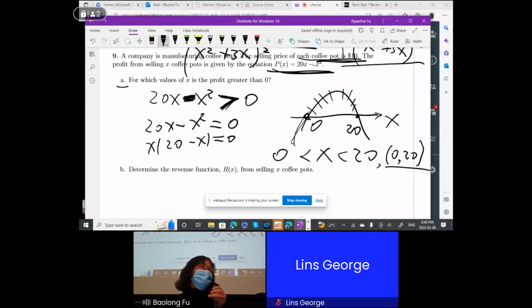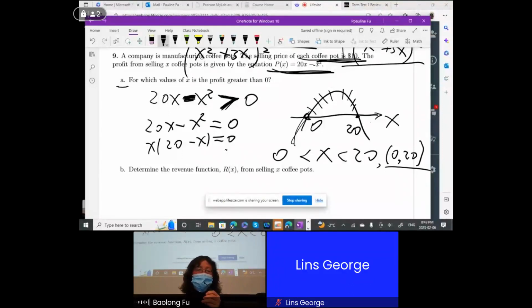Looks like you need to master inequality for quadratic functions. This is my way to do it. Solve the equation first, decide concave up or concave down, then directly look at the graph to get the solution, greater than 0 or smaller than 0.